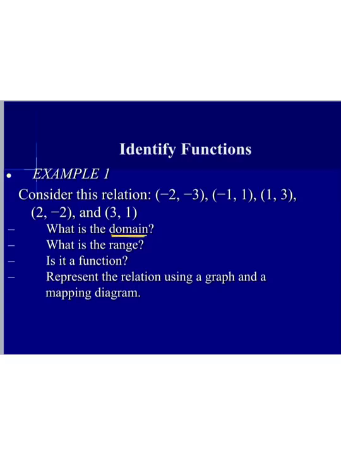Well, if you remember, the domain is your x values, and so we would list the x values from least to greatest order. The smallest x value is -2, so we would list that first. The second one would be -1. Then we would have 1, then 2, then 3.